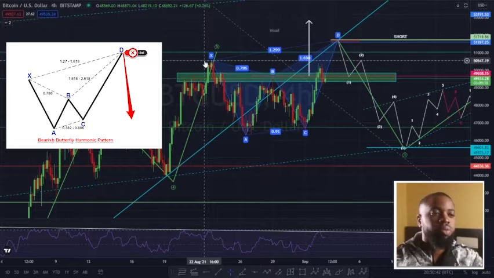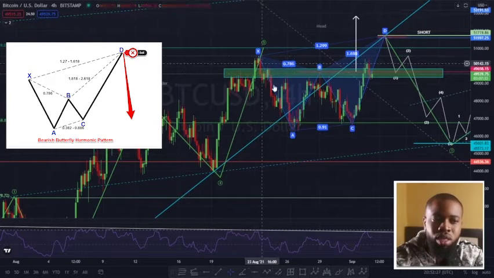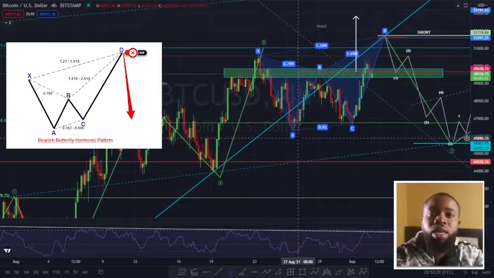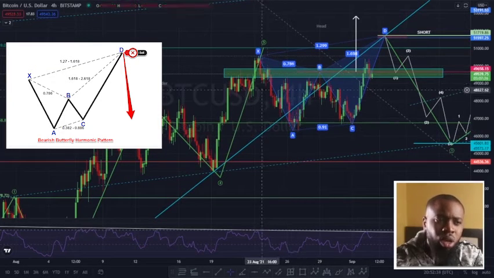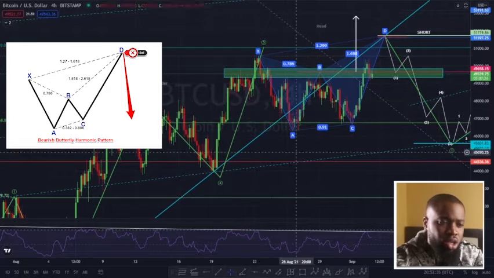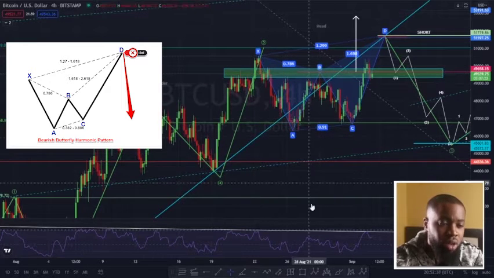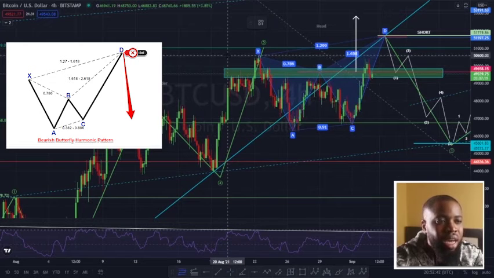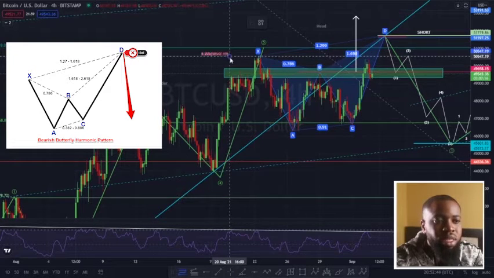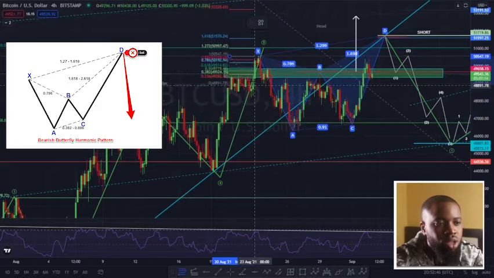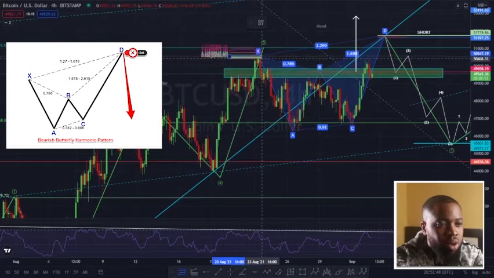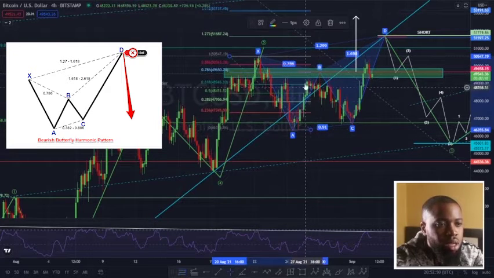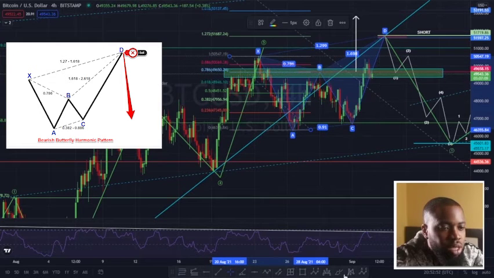All right, so first of all, we got the sell-off here. I had no idea it was a butterfly pattern, but then I noticed we got a rejection, we got a reaction rather, and this reaction ended at the 0.786. So you take your Fibonacci tool, draw from the top right there to the bottom, and that's the 0.786 right here.